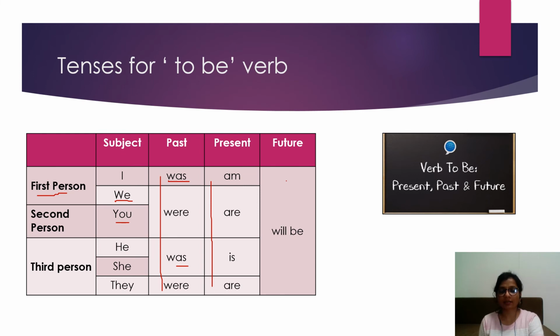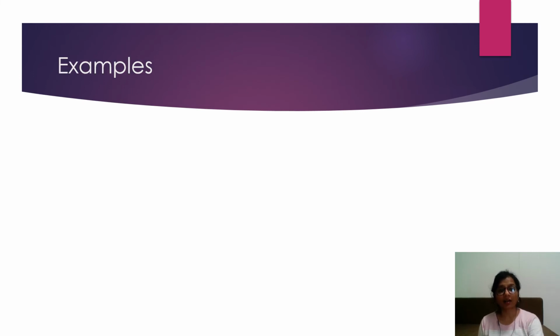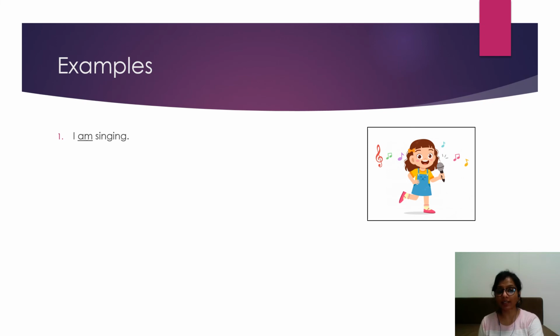All right. Here are a few examples for the be verb form that we just discussed. I am singing. I'm talking about present tense, and that is why I've used am. We were in same college. This tells us that we are talking about past tense. She will be a graduate next year.